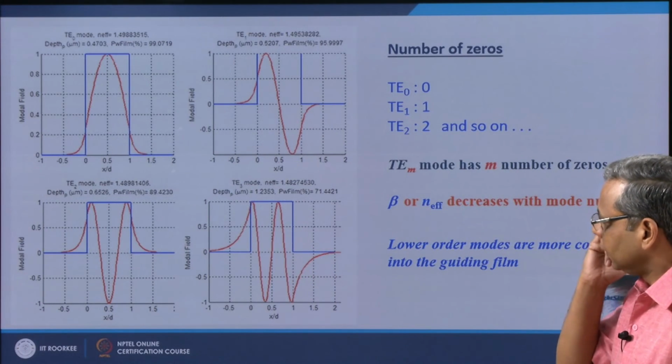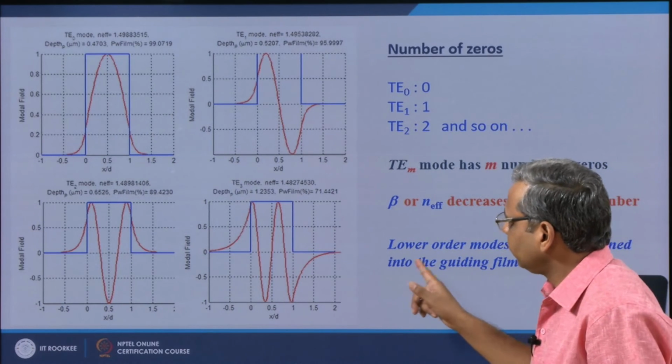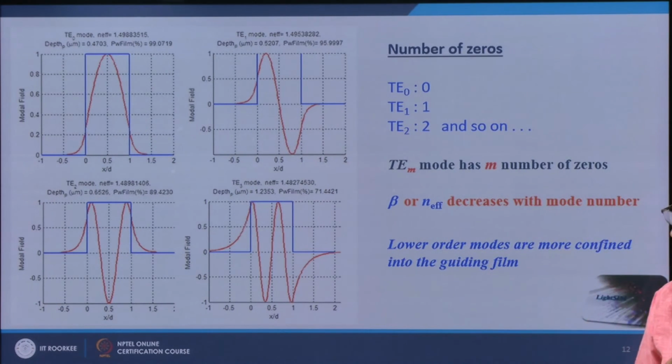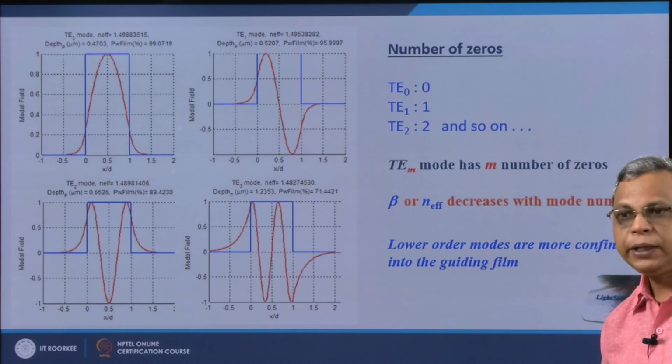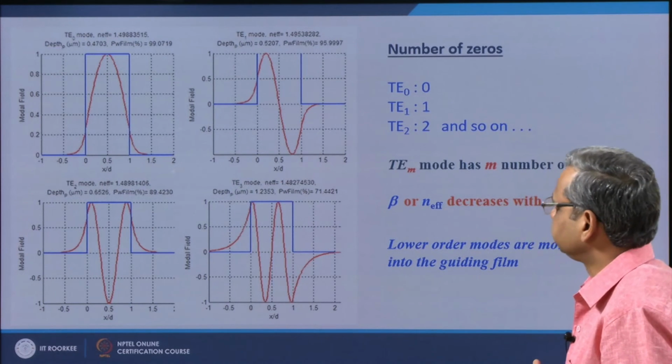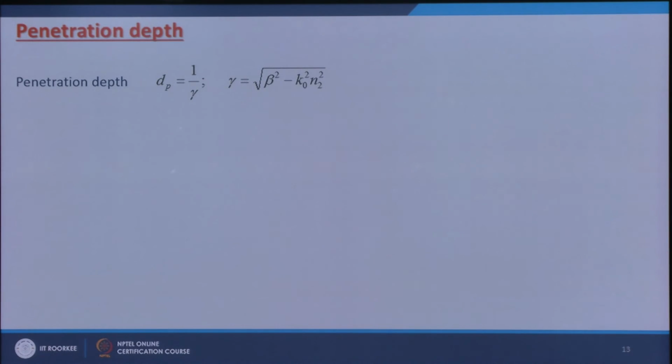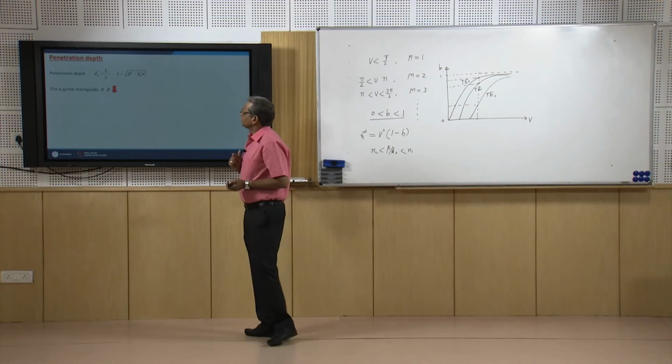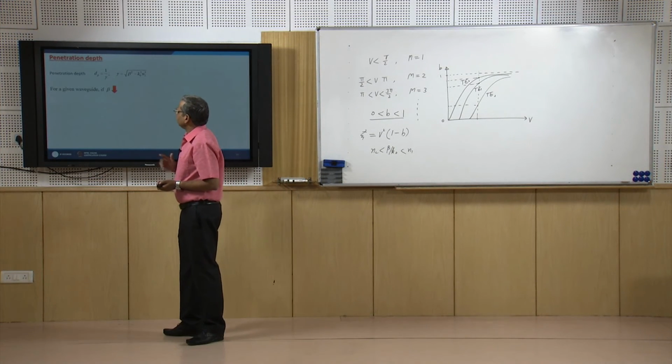So if the number of modes increases, then the corresponding confinement in the core decreases. I can see the effect of this penetration depth.